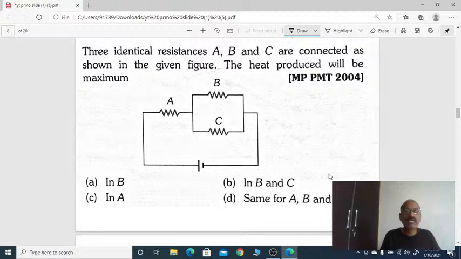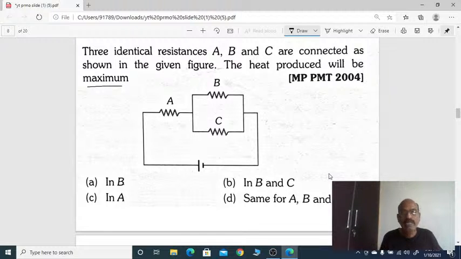Let us go to the next question. Three identical resistances A, B, C are connected as shown in the figure. The heat produced will be maximum in A, in B, in B and C, or same for A, B, C. Now you can try.